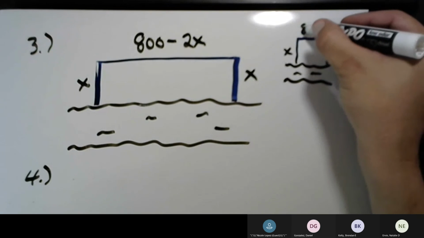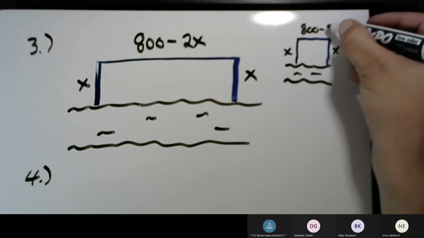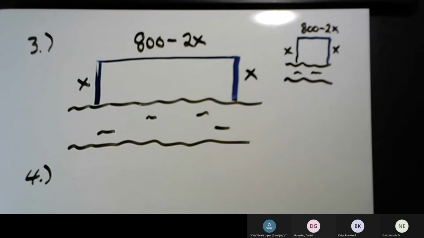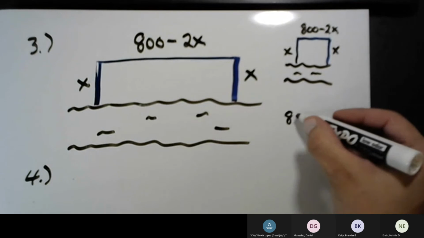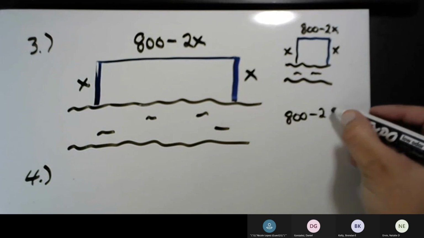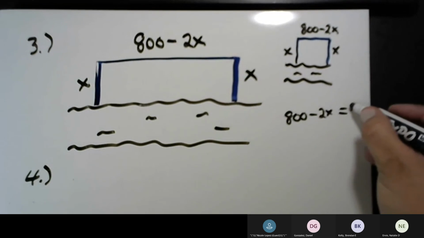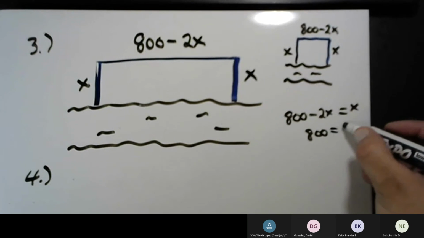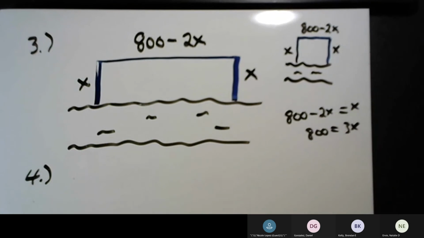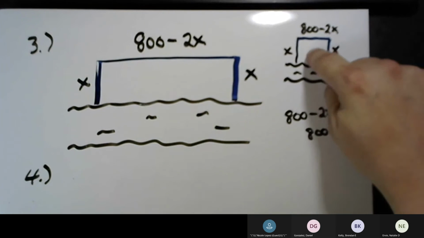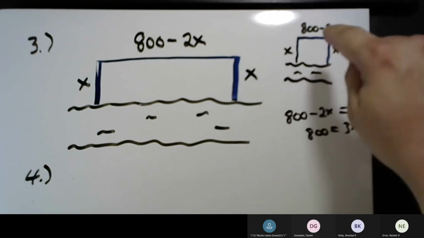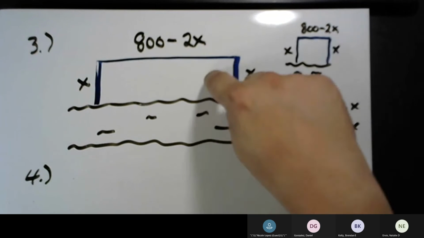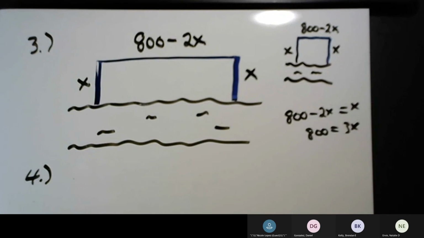It would still be 800 minus 2x. You would still have that on top. What you would be saying is that 800 minus 2x would also be equal to x, or again, 800 is equal to 3x. But whether it's a square or a proper rectangle, you're going to use the same descriptions for the sides.